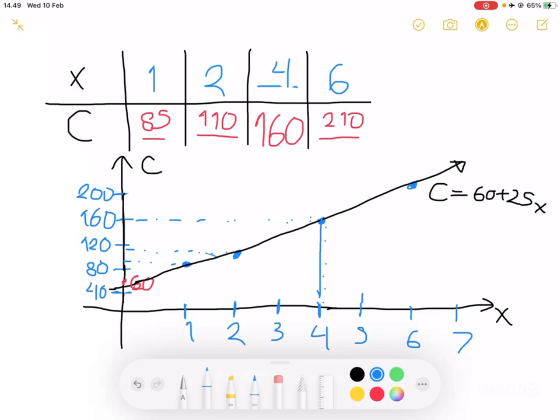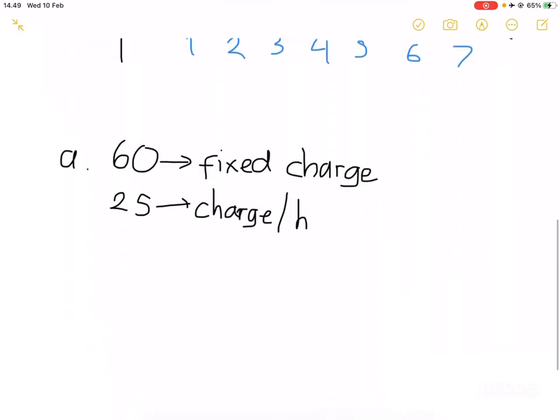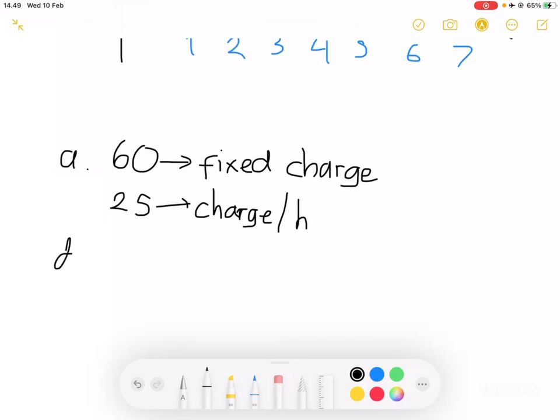And then from this we need to draw a horizontal line to the C-axis to see where this value corresponds to. So in this case it's 160. So for part 1, our answer will be $160.